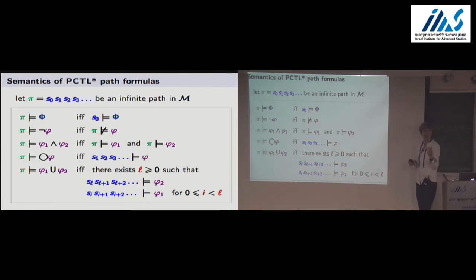Now you can have nestings, for instance eventually always next A, which means that the arguments of a formula with, for instance, the until operator, phi 1 and phi 2, can again contain temporal modalities. In the general case, it doesn't make sense just to look for a single state when interpreting these sub-formulas.